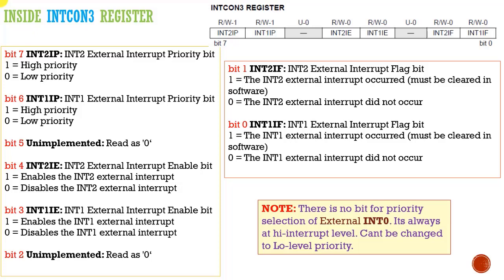But if IPEN, the interrupt priority enable bit, is turned on, equal to 1, then if INT2IP is 1, your interrupt module will give a high priority to INT2, and a low priority if INT2IP is 0.